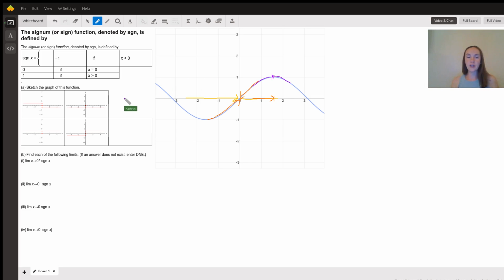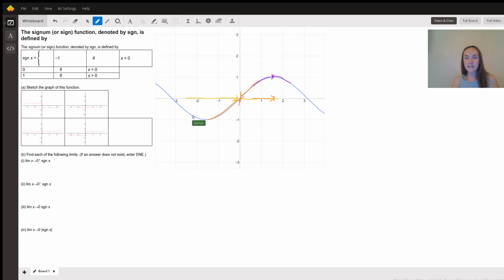Now this function that you've been given over here is a fairly simple, trivial function. It's just a series of constant functions that have been put together. So the sign of x is defined to equal -1 anytime x is less than 0. Let's get a line on the graph that we have here.